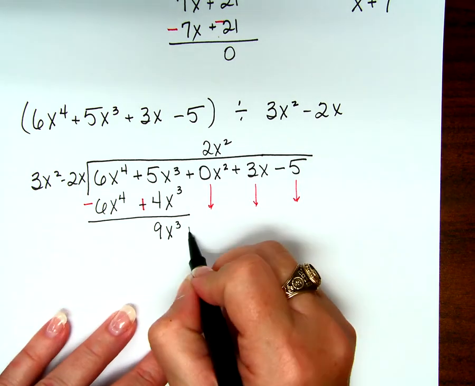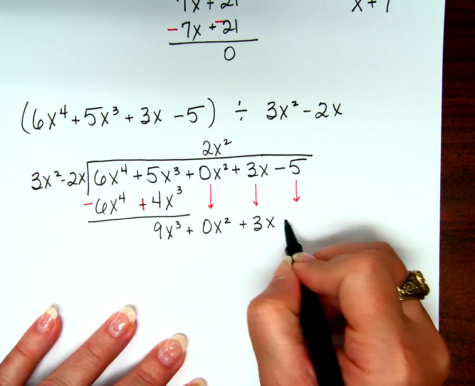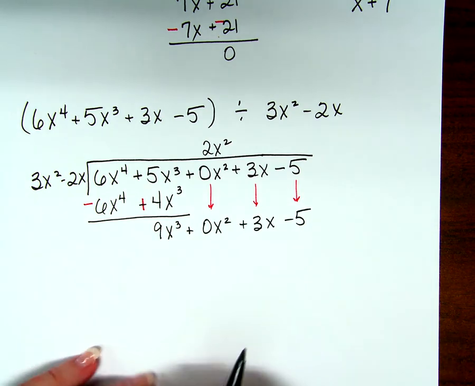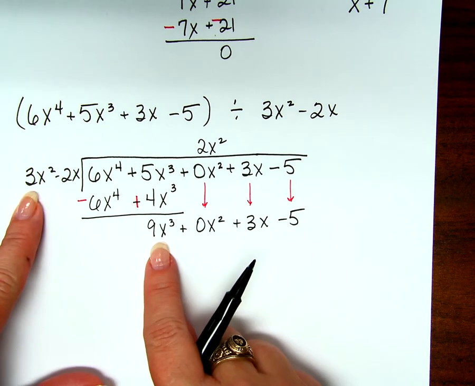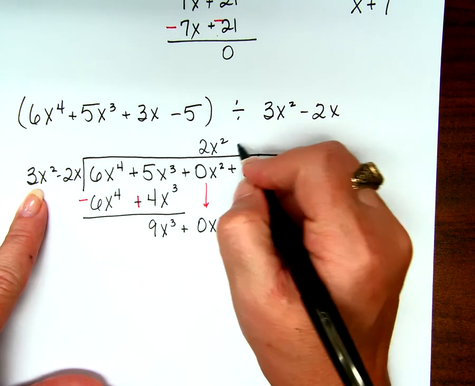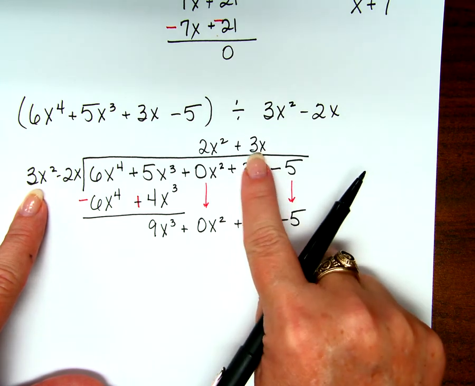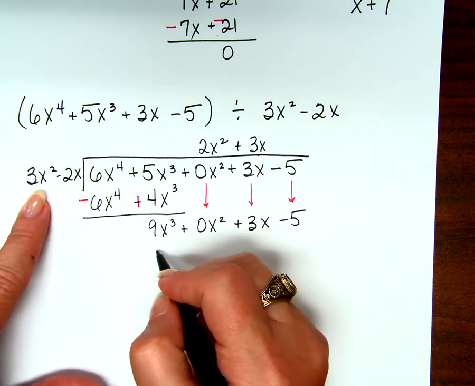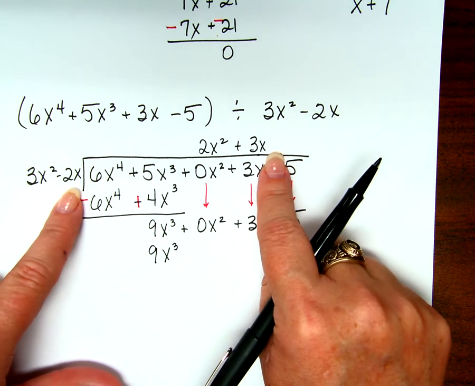Okay, so plus 0x squared plus 3x minus 5. Then I start again. Divide this first term by this first term. What do you get? 3x, good. It goes above the x term in the problem. And now I multiply. 3x times 3x squared, 9x to the third. 3x times negative 2x.